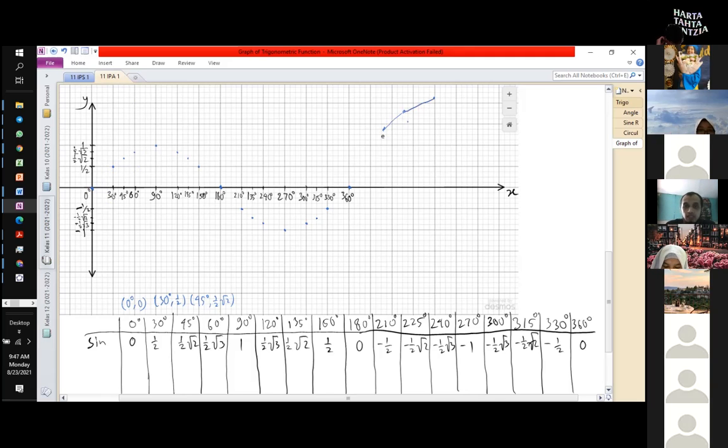You should draw as smoothly as possible. So something like this. Yeah, something like that. You know what I mean. Just try to draw as smoothly as possible.